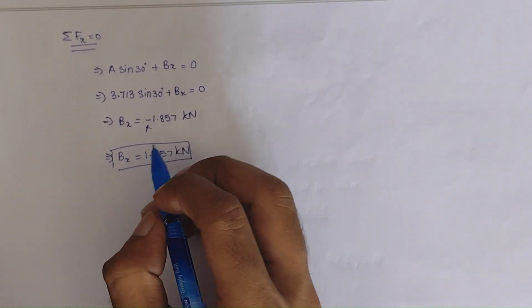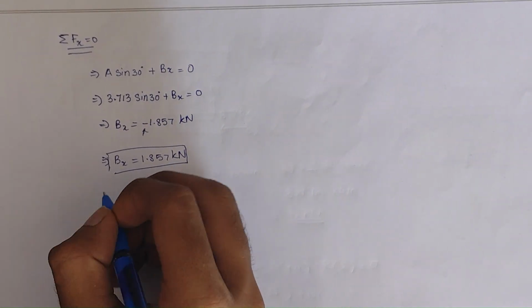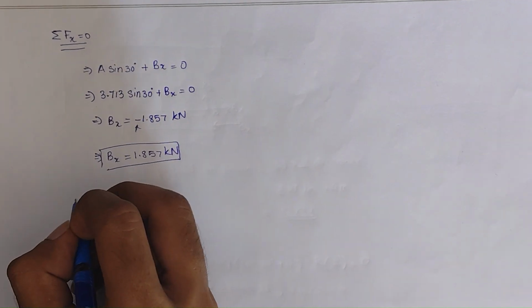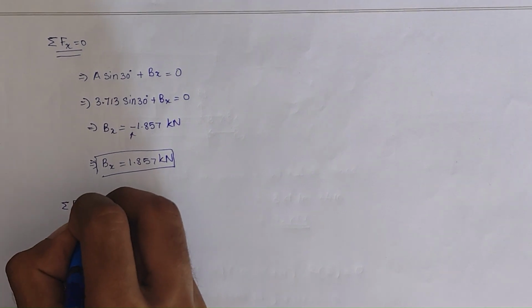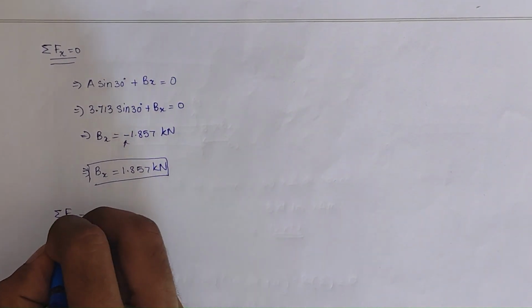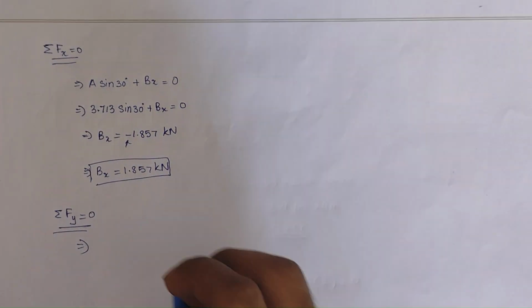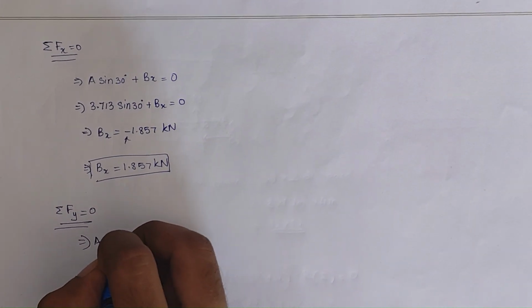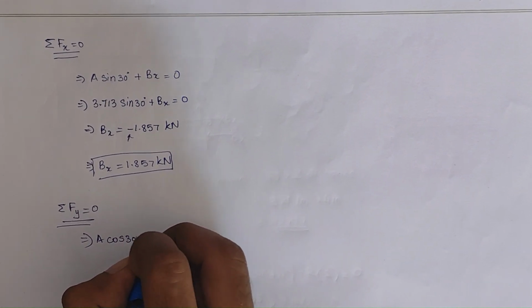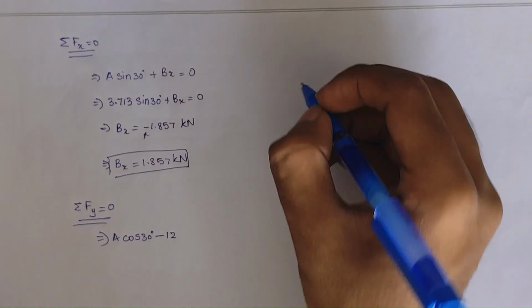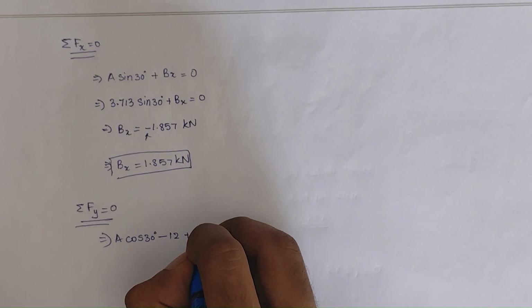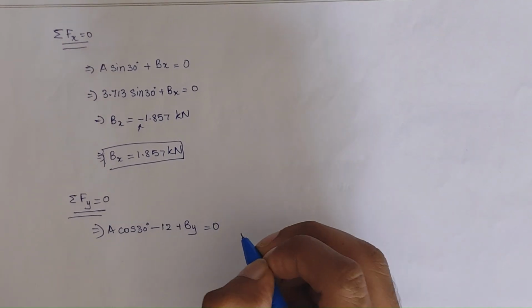So we found Bx. Now we should find By, so we equate all the forces acting along the y direction. Summation of Fy is equal to 0, and that will be A cos 30 minus 12, which was the reaction acting downwards, plus By, that's equal to 0.